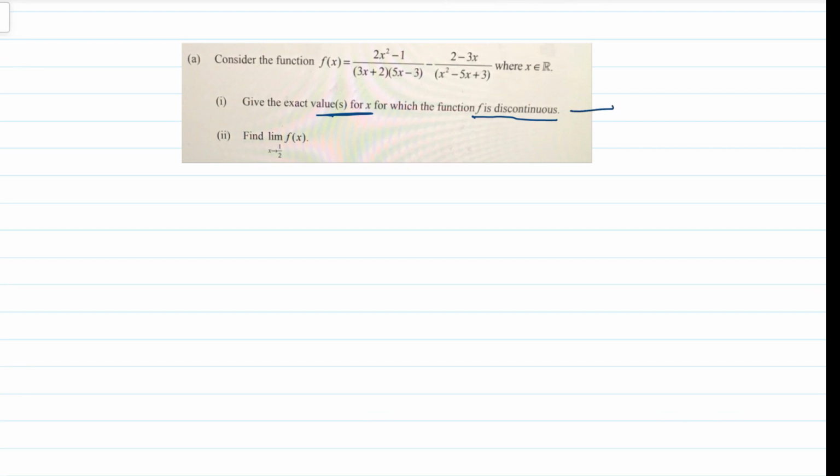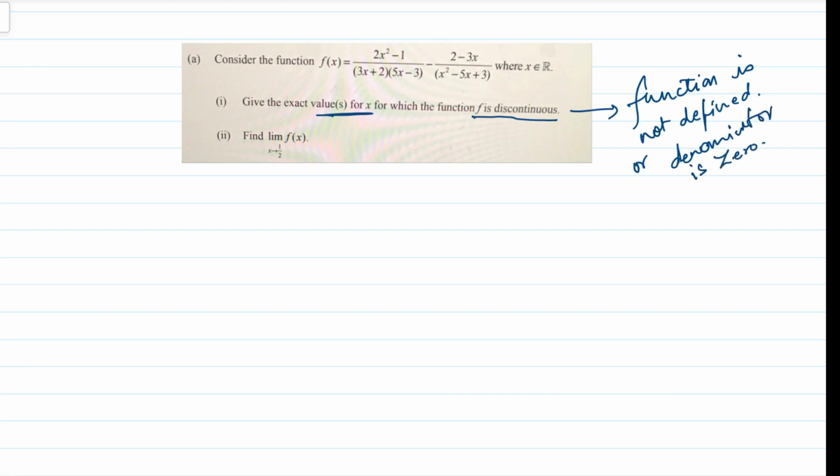Discontinuous means where the function is not defined, or in this case we can say the denominator is 0. So if we can find it or convert the denominator into 0, then we can say that the function is not defined. All right, so let's get started.